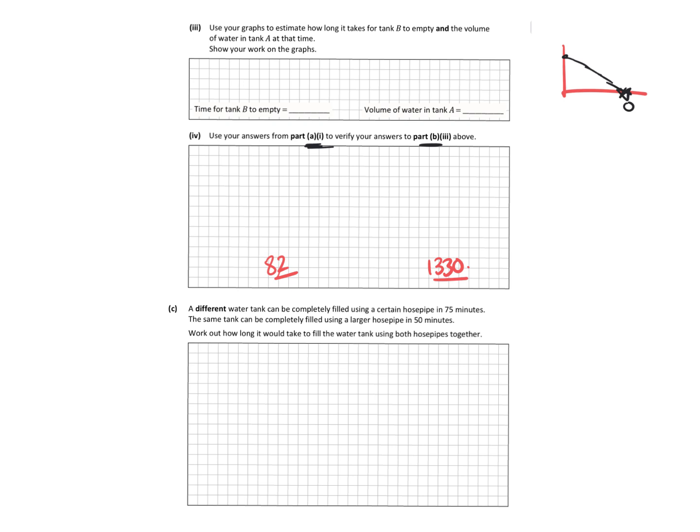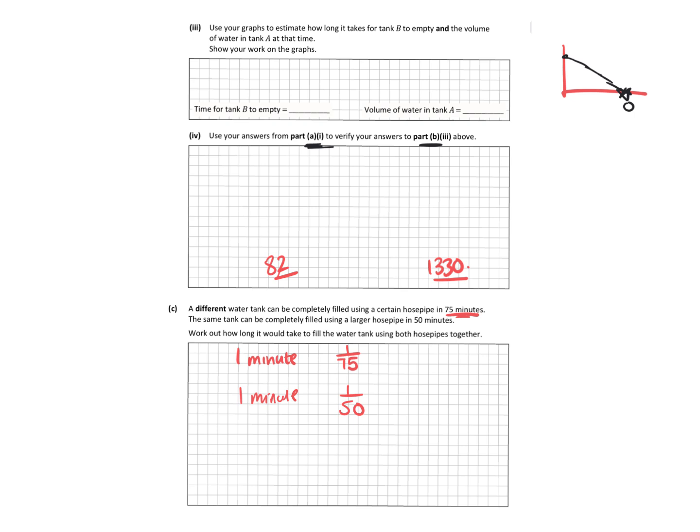Now, this one is quite tricky, okay? Because you have to try and think about it in 1 minute, how long would it have taken? So in 1 minute, using the first hose pipe, you would have 1/75 of the cylinder filled. Using the second type in 1 minute, you would have 1/50 filled.